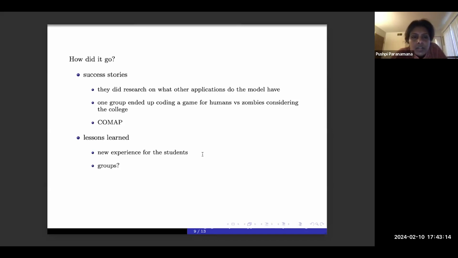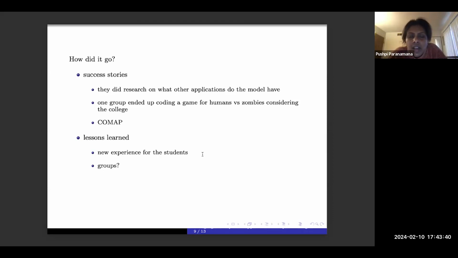So I want to talk about particular story examples. One group who did the van der Pol oscillator, they were a bunch of engineering students. They really enjoyed that this problem has applications.